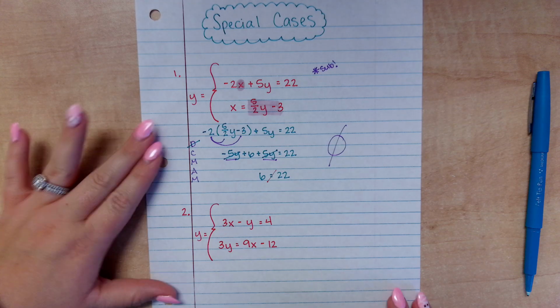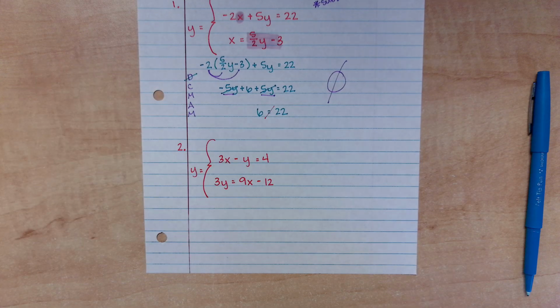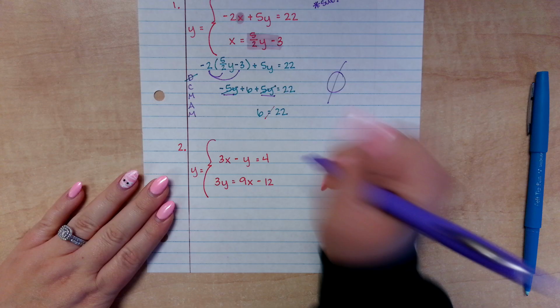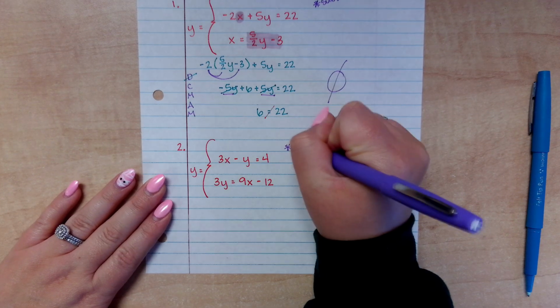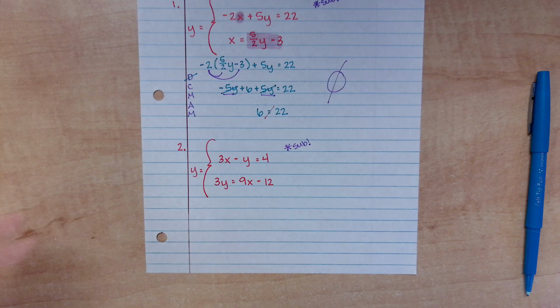So I bet the gears are turning on this next one on what the possibility may be. I'm going to stick with the substitution method because, again, that is my preferred method, is substitution. I do recognize that the bottom one is easily changeable.